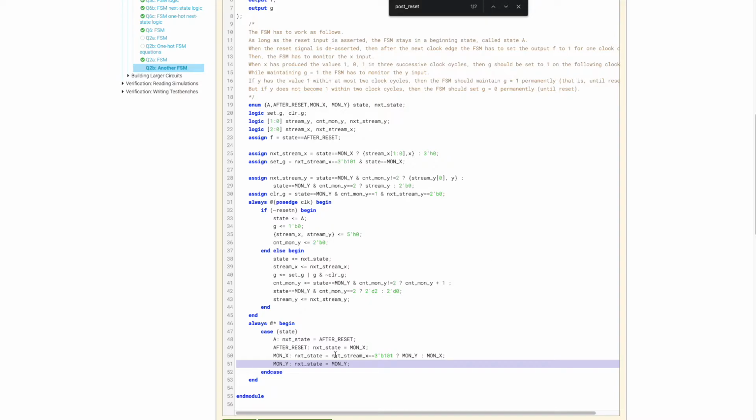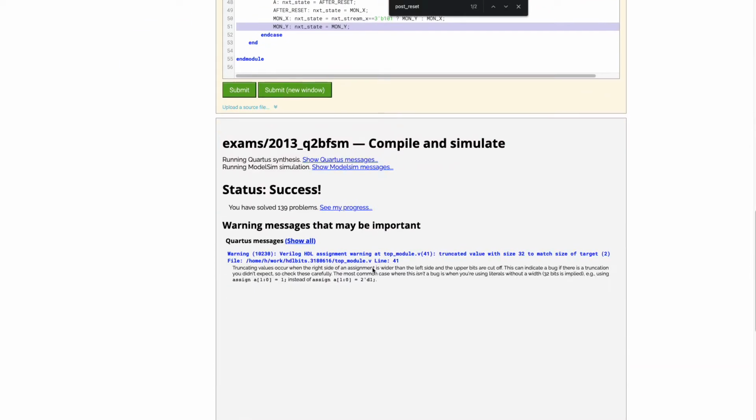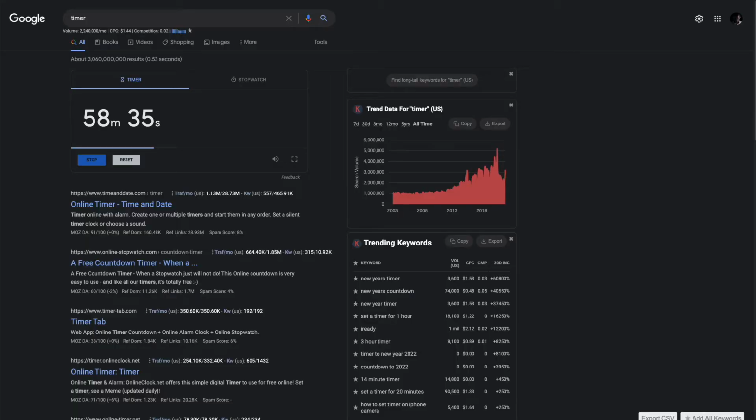And because G is asserted for 2 cycles, as soon as we go to monitor Y state, G is asserted for the first cycle already, so we can't afford a delay here. So as soon as we detect it, the G will have a 1 cycle delay, and then the G will be asserted first when monitor Y starts, and then the rest of the logic kicks in, and then we're done here.